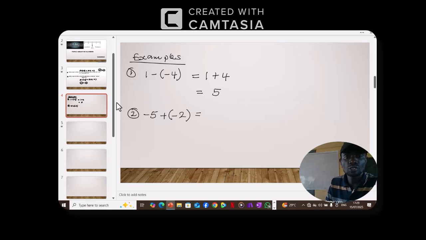Since we have plus and minus together, you have to subtract minus 2. So minus 5 minus 2 will give you minus 7. Hope you know that minus 5 minus 2 will give you minus 7.